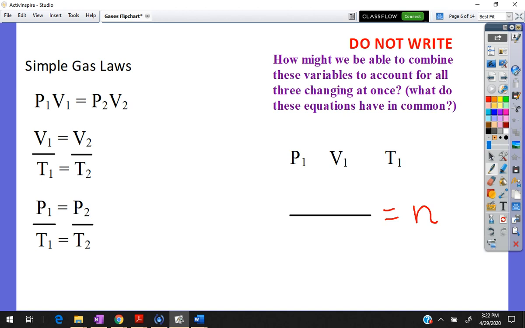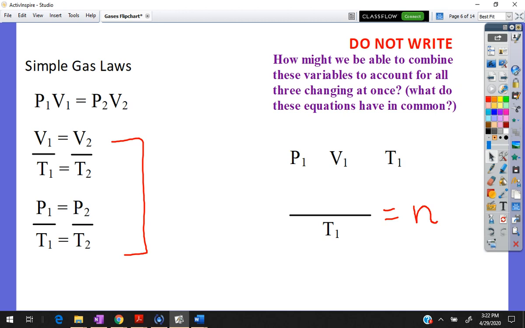We need to look at the other three relationships and try to figure out how we can arrange the three variables. This line here is my fraction. So if I look at similarities here, I see both of these have temperature in the denominator. I would say it's probably a safe bet that we can put temperature in the denominator here as well.